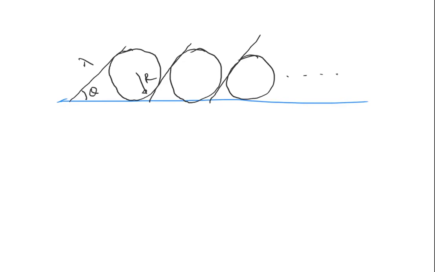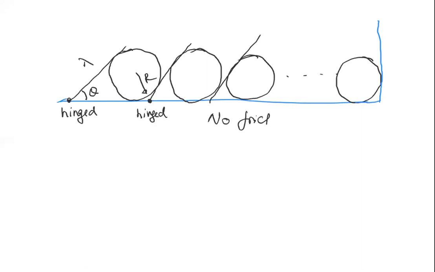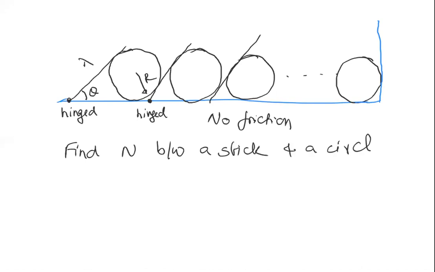So this time, the last circle is kept against a wall so that everything is in equilibrium. And these are hinged now, and there is no friction. Find N between a stick and a circle very far to the right.